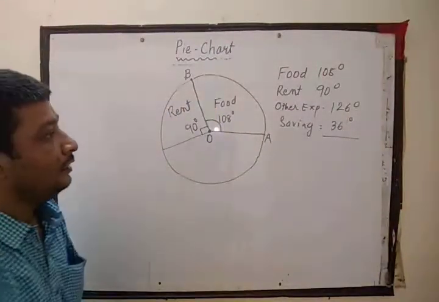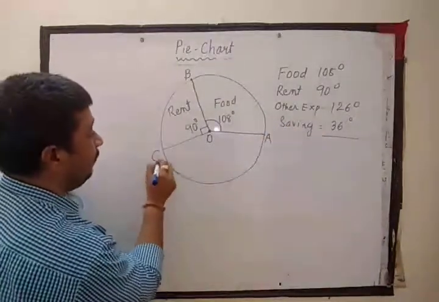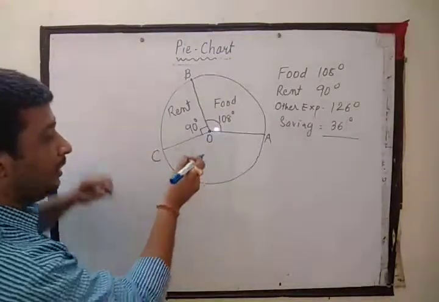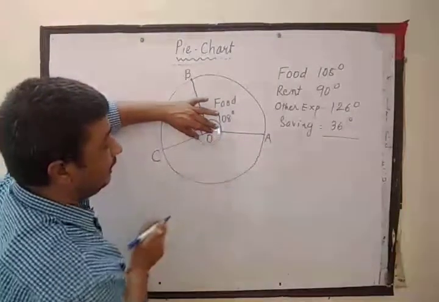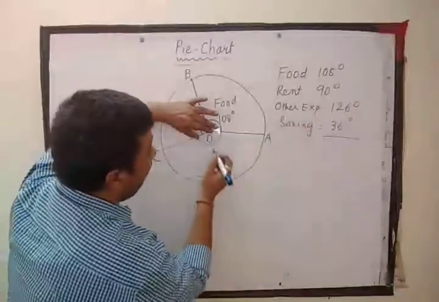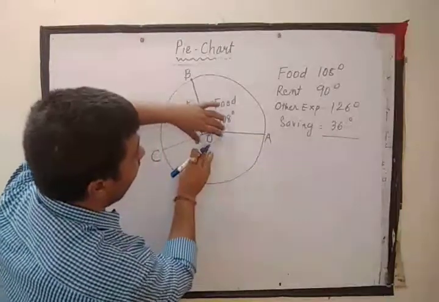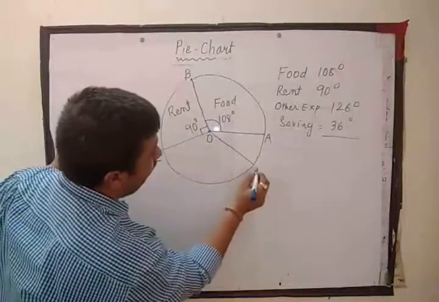Okay. Then I want to do saving also. So I will name this radius OC. I will put the protractor with 0 on O to C like this, and I want 126. So 120, 125 and 126 point over here, and then just draw a radius.